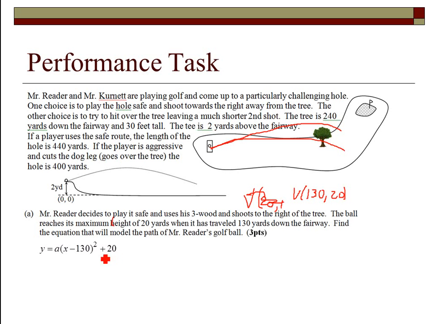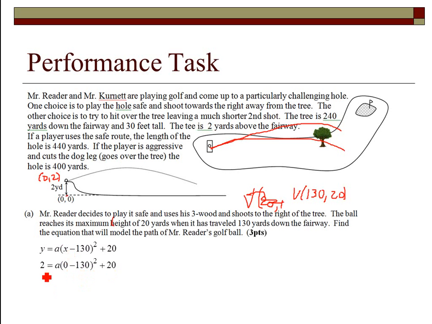Now I need an initial point, and this is where you have to be careful. We're calling this point right here 0, 0. The point where the ball is hit is 2 yards above. So the point I'm going to plug in is 0, 2, and I'm going to need to use that a couple of times. So y equals 2 when x equals 0. Negative 130 squared, I'm going to square that.